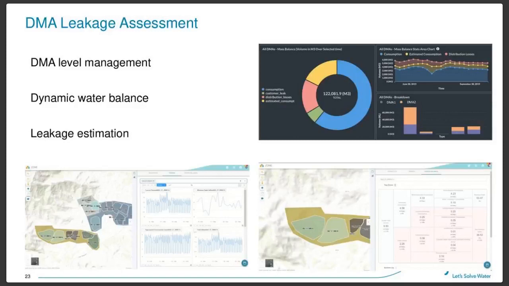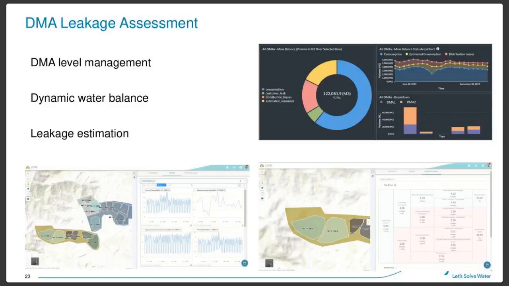So understanding management at a DMA level, understanding the dynamic water balance, and taking advantage of that higher resolution, higher frequency data, and also being able to break down the level of leakage in terms of network side leakage and customer side leakage.